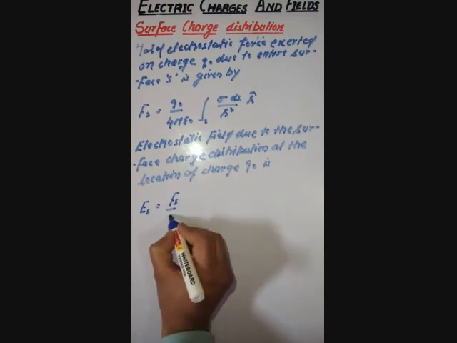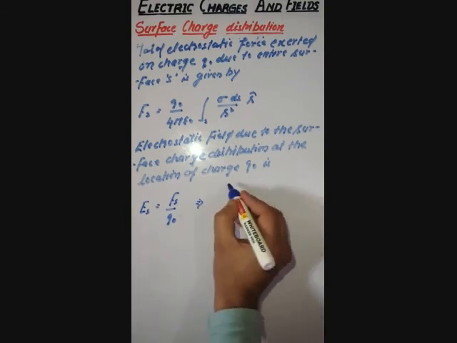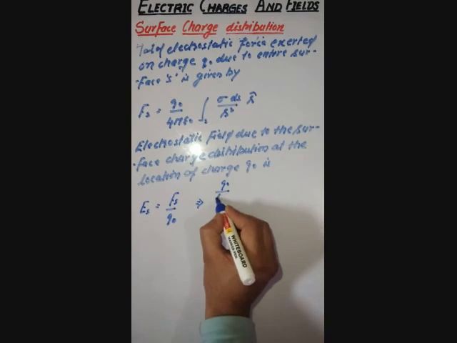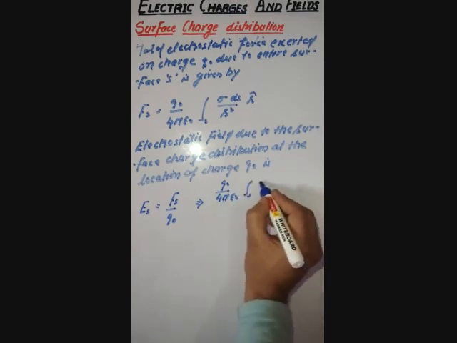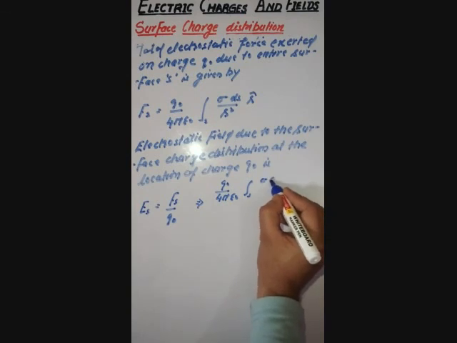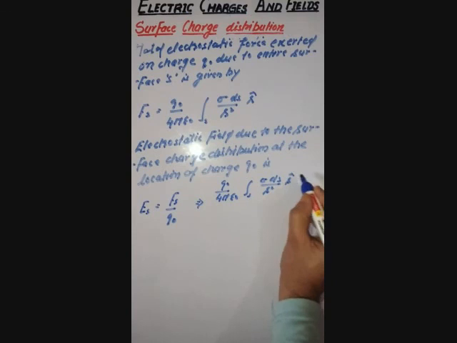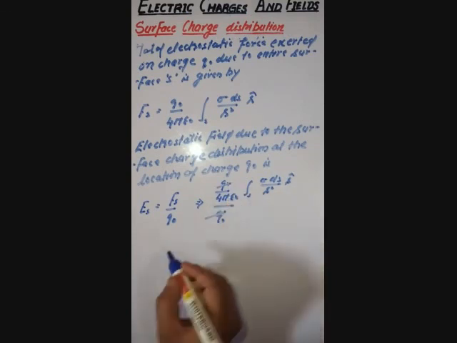Fs upon q naught. It implies that it will become q naught upon 4 pi epsilon naught integration over the surface of sigma ds upon r square r cap, upon q naught. Q naught will be cancelled out by q naught.